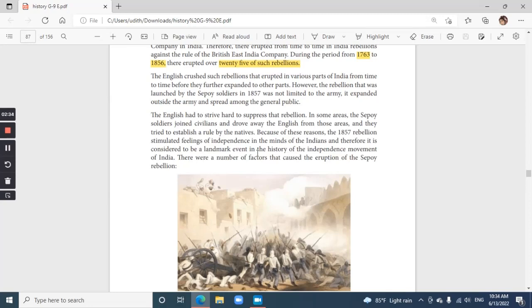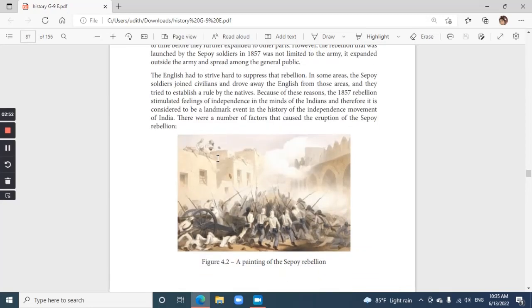The rebellion that the Sepoy soldiers launched in 1857 was not limited to the army, and it also spread among the general public, the normal people. So the English had to face a lot of hardships to stop this rebellion.